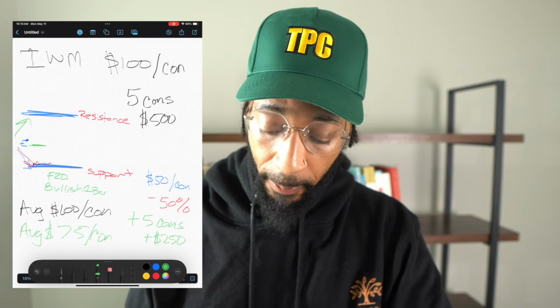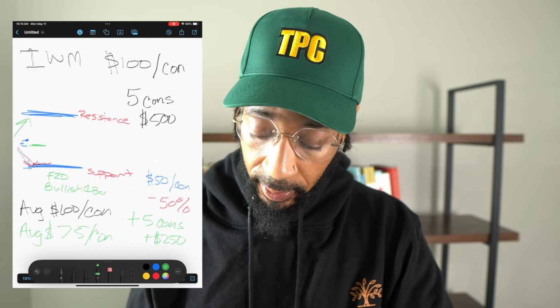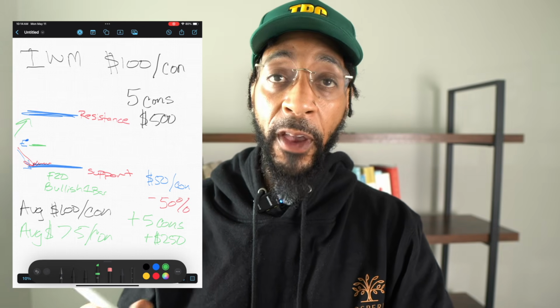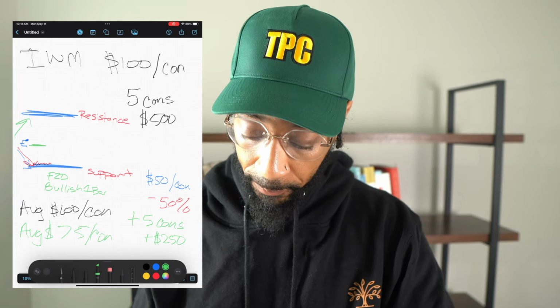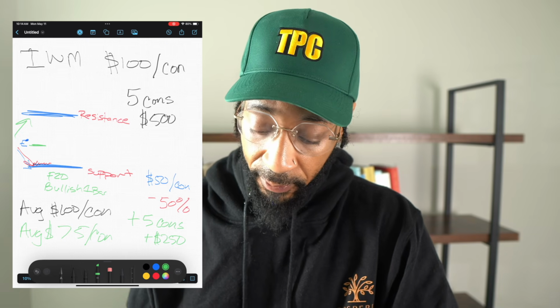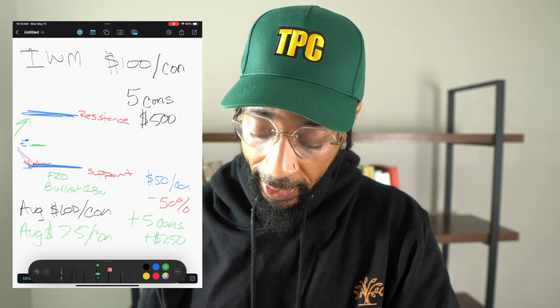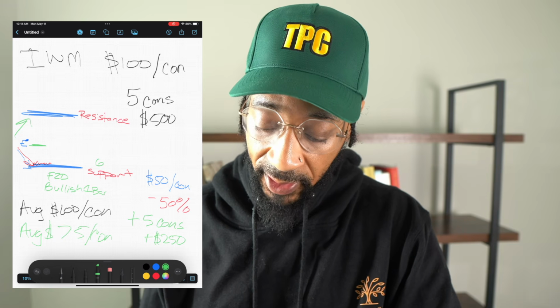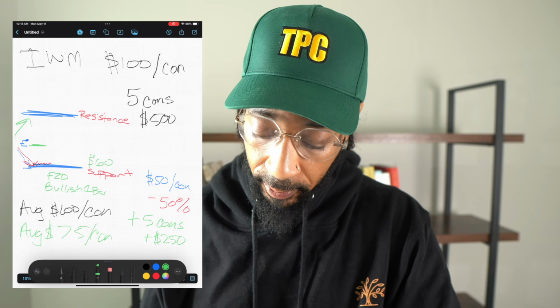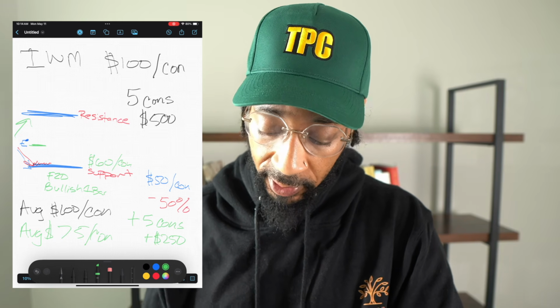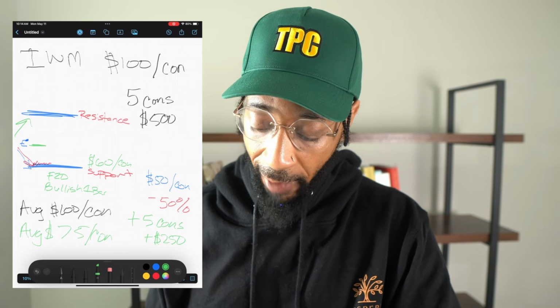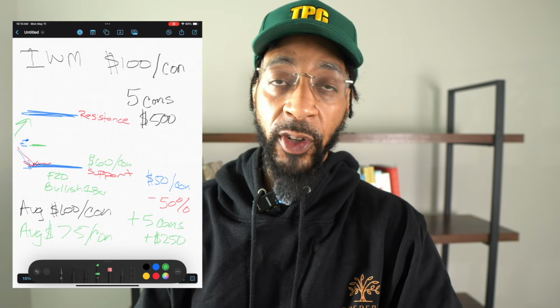So now at support, instead of being down 50%, if this stock is now at, let's say, $60 a contract, because it's starting to come up, your average price is $75 a contract.